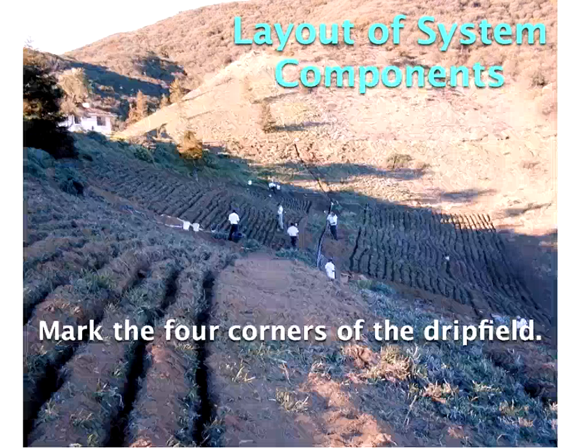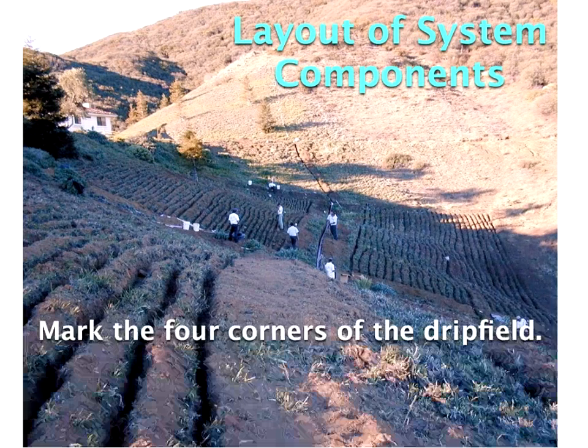Okay. You want to mark the four corners of your drip line. In other words, before you start installing, mark off the four corners and do it for each zone. You want to put a marker in here, and a marker in there, and I have an idea that the zone ends there, and there, and there.